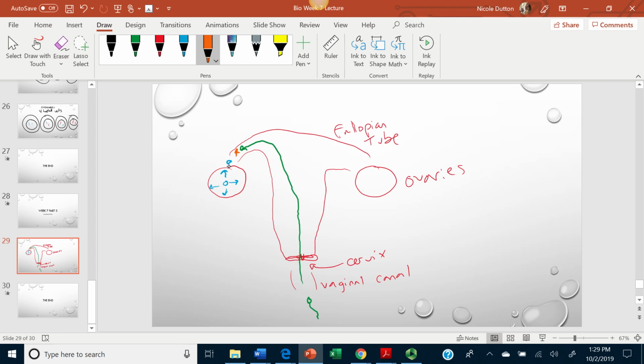Now, as soon as the egg is released, there's a hormone released by the ovary that tells the uterine lining to increase in thickness. So this is going to build and build and build. And all this is doing is providing a nice little cushion for the developing embryo to implant in. So we've got this fertilization event that happened.